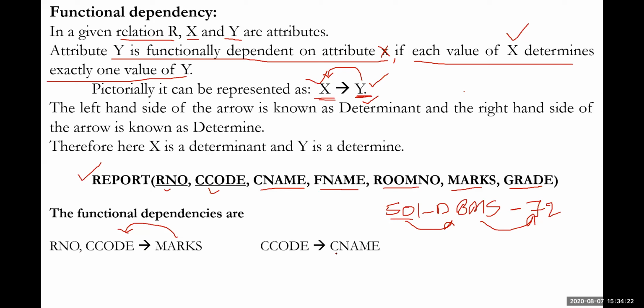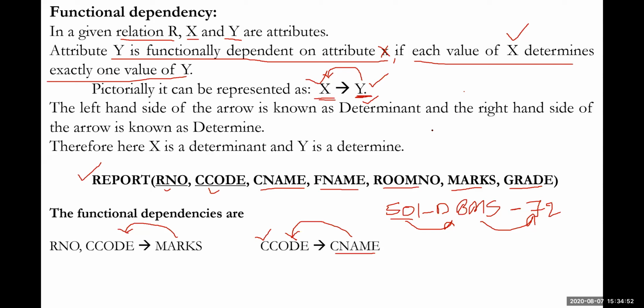And course name depends upon course code. University people do not look at the course name; they always look at the course code only. If university people want to know where you are studying, based on your registration number they can identify that you belong to so-and-so college, because our college code is one of the fields in the register number.